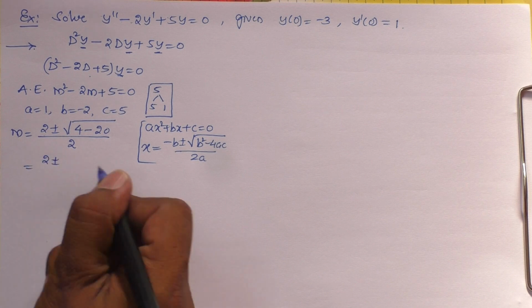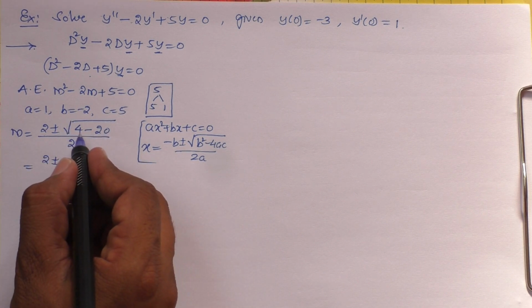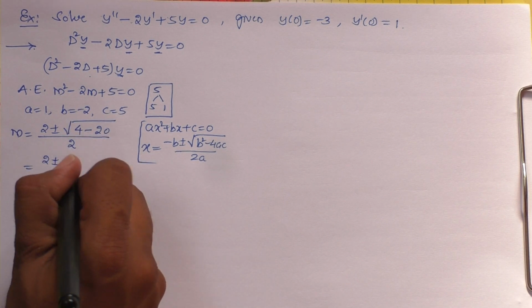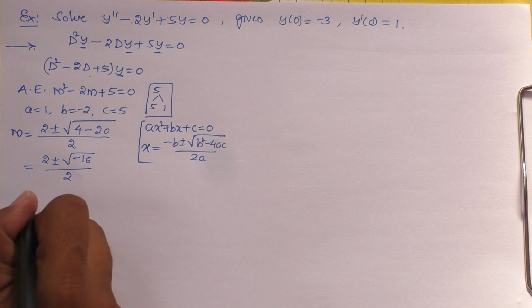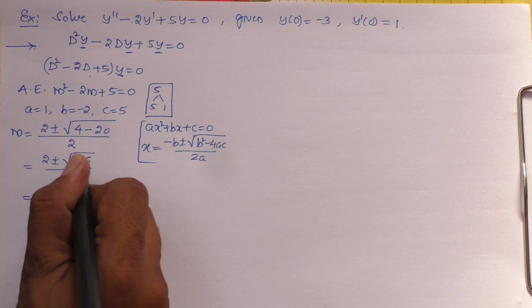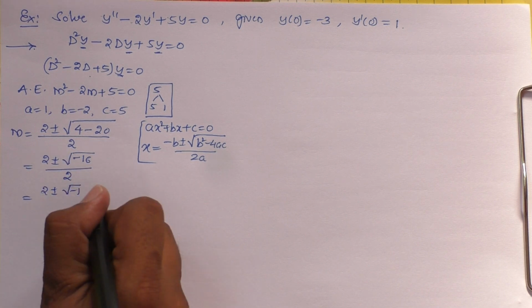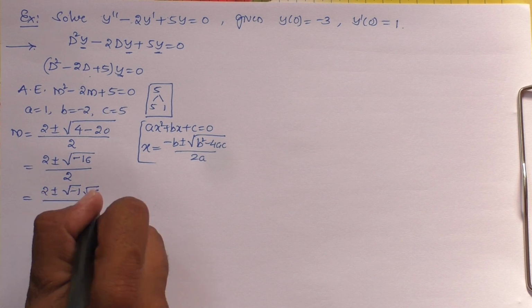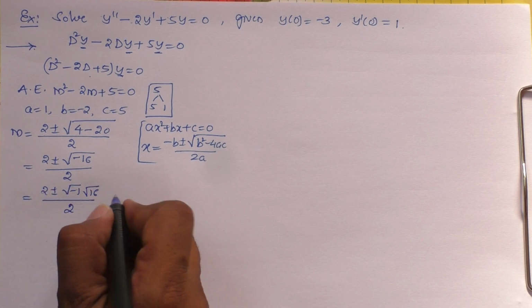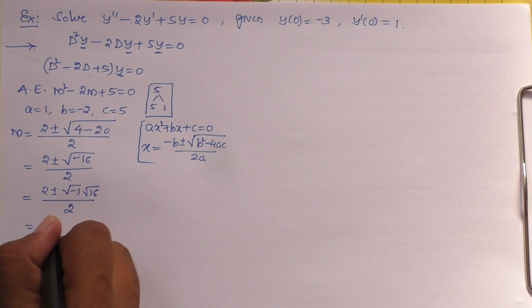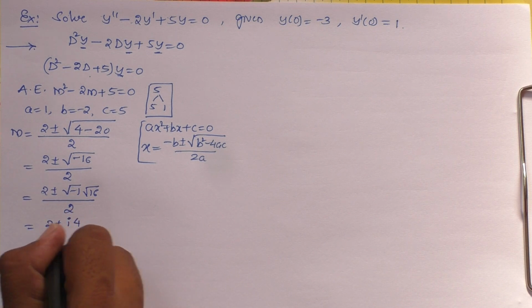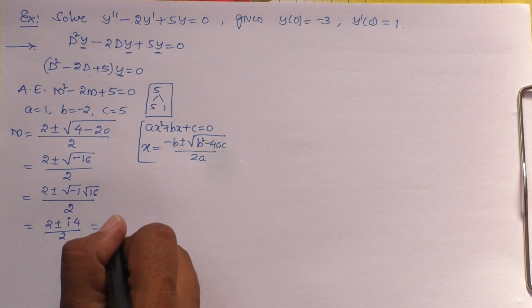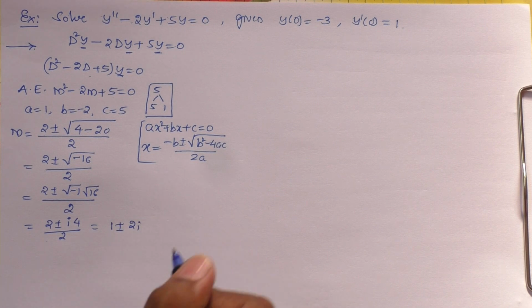Now 2 ± √(4 - 20), which is √(-16), divided by 2. Now √(-16) can be written as √(-1) √16, which is 2 ± i into 4 divided by 2, or it can be written as 1 ± 2i.